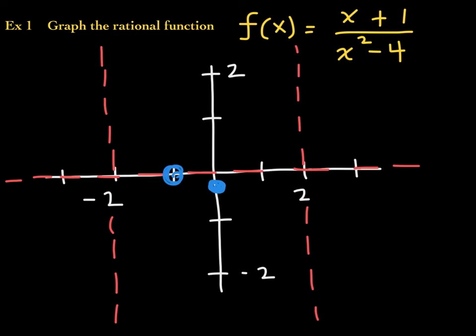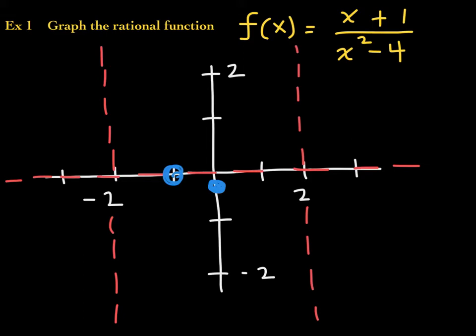This is everything that we've gathered. Now, remember that there are three pieces for this graph. You have a piece over here to the left of this vertical asymptote. You have a piece right here in the middle in between the two vertical asymptotes, and a third piece that's to the right of this vertical asymptote.